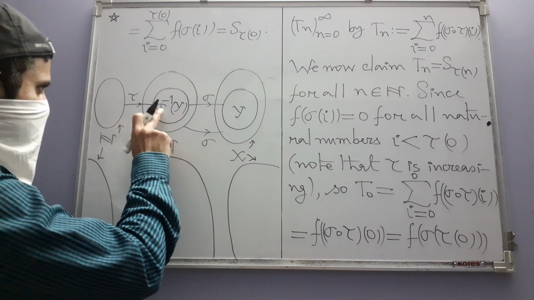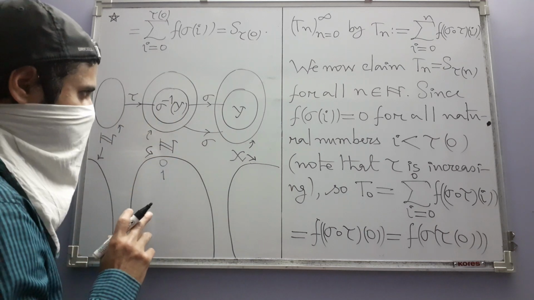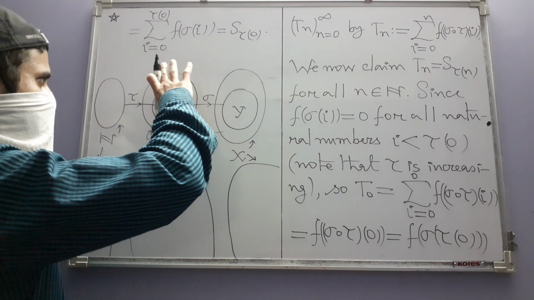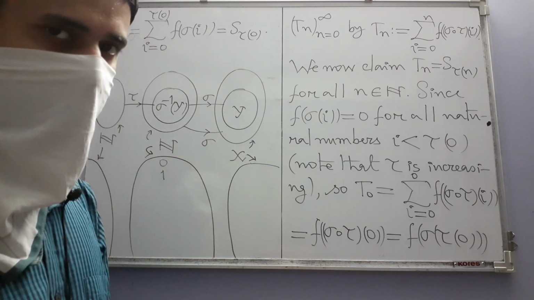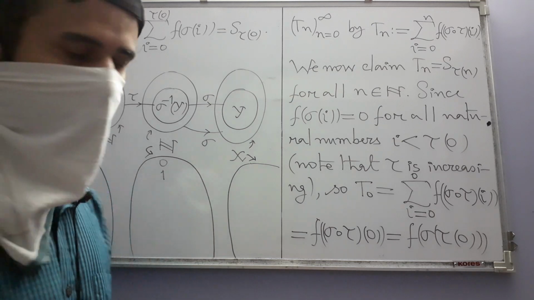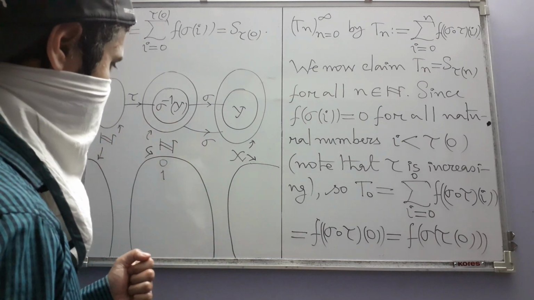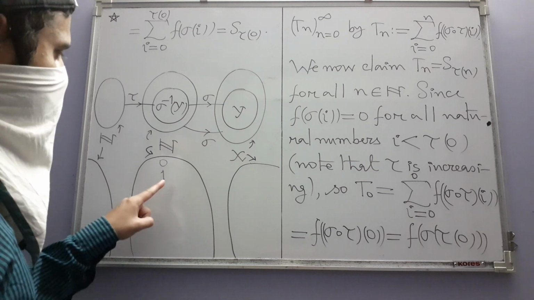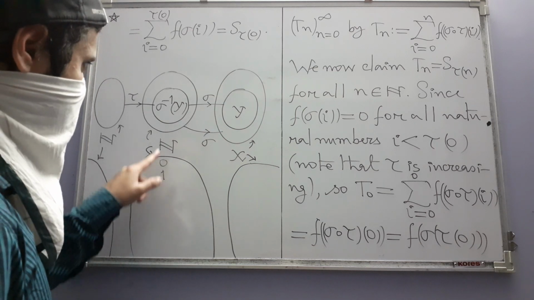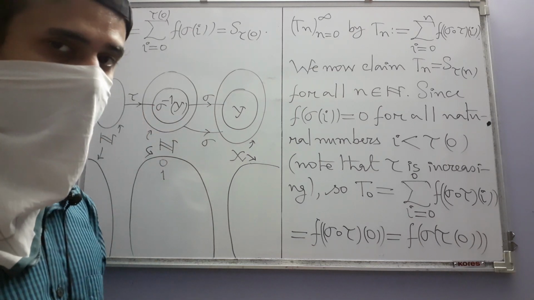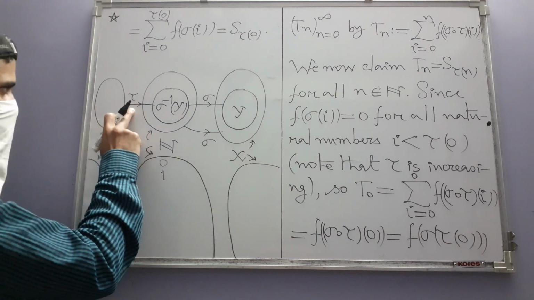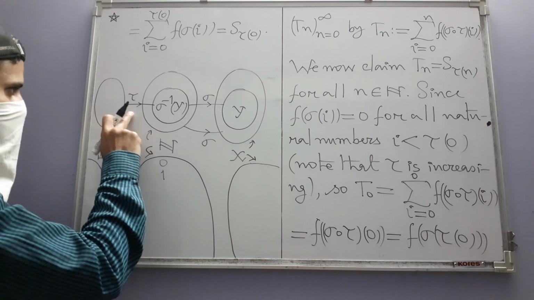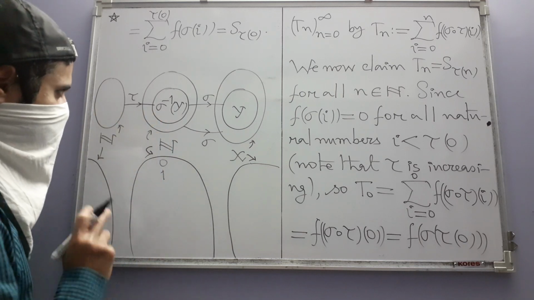Now, sigma inverse of y may not be the entire n, because it's after all just a subset of n. We don't really know whether it is equal to n or not. So likely some natural numbers will not belong to sigma inverse of y. But note that tau itself is a bijection from n into sigma inverse of y.